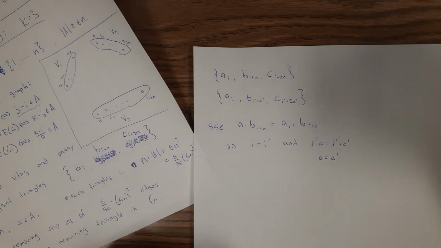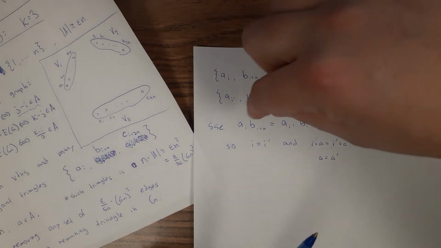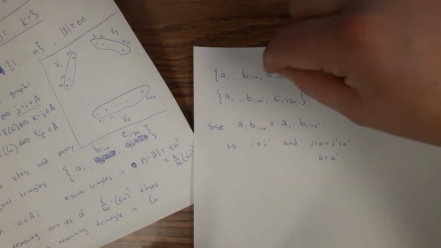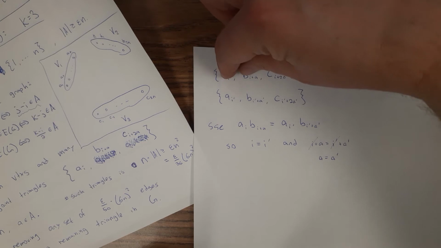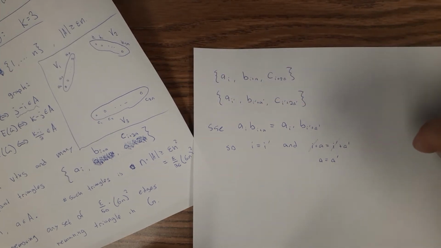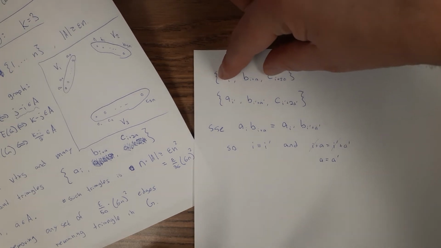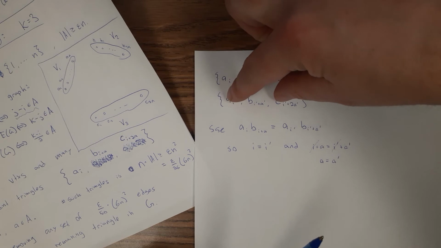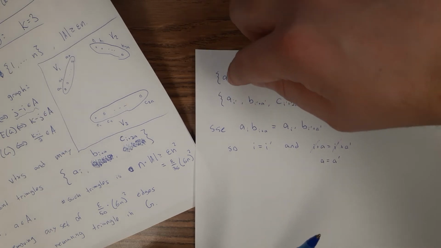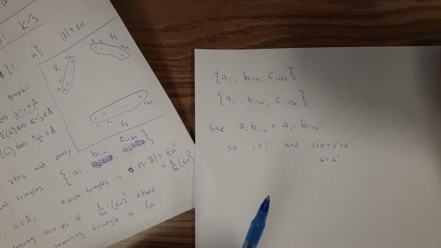So similarly, if you pick any of the other edges, like I just checked what happens if this edge matches this edge. You could look at the edge from the a vertex to the c vertex and say that that's the same as this. Once again, you'll see that i prime and i are the same, and that a and a prime would be the same.